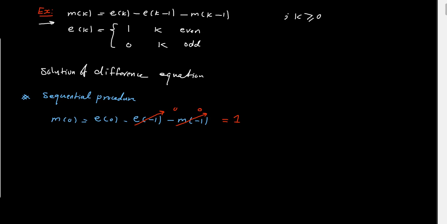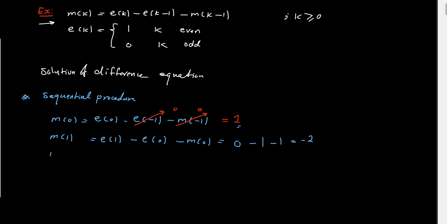So we can proceed to calculate m of 1, which will equal e of 1 minus e of 0 minus m of 0. Now here, e of 1, by the definition of e of k, will equal 0, now k is odd, minus e of 0, which is the 1, minus m of 0, which we already calculated here, so minus 1, and the answer will be minus 2.